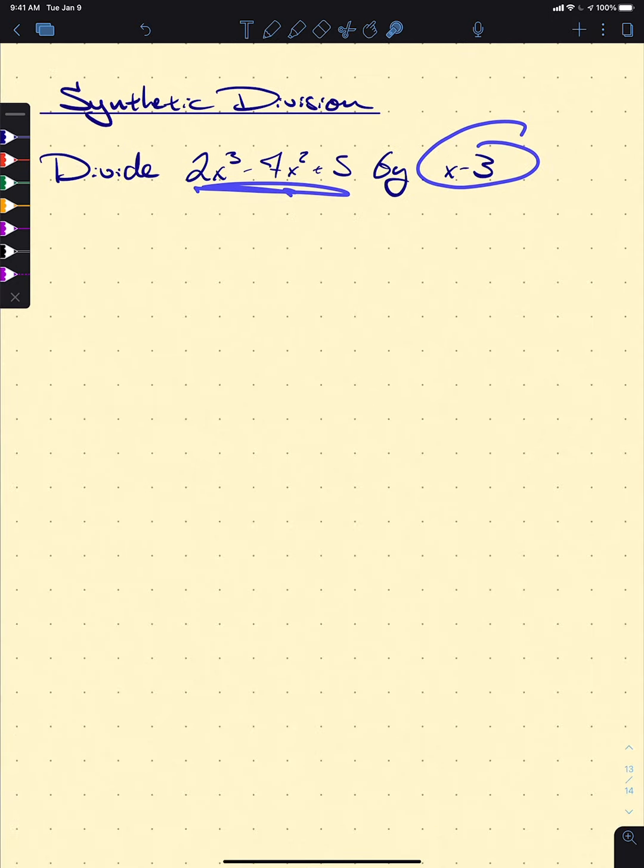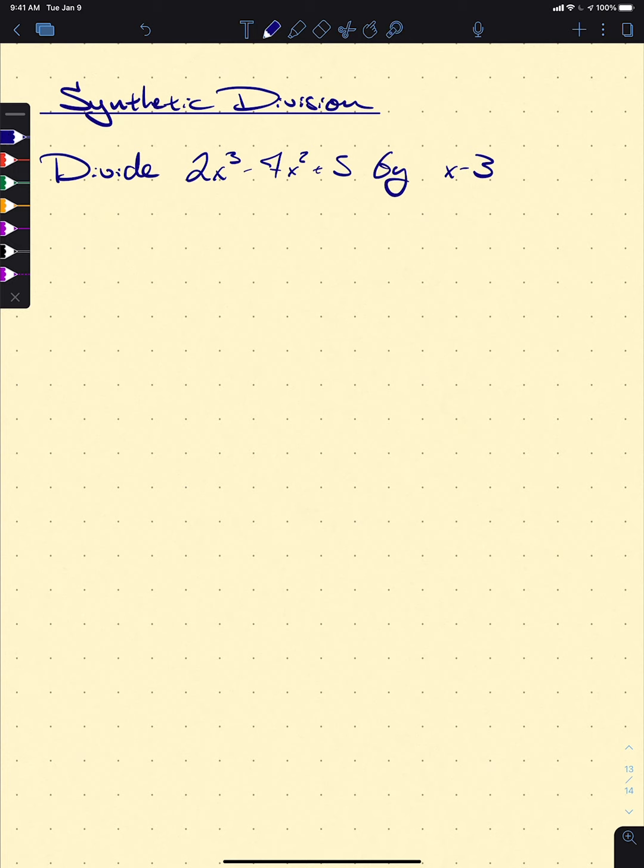Any other situation, it's not going to work, but we actually end up dividing things by linear terms a lot. Okay, actually, more specifically, it only works with linear terms with 1 as my coefficient for x. Now that may seem a little bit restrictive, and it is. There's lots of division that we may want to do that's not this, but it actually turns out that it's very, very useful, right? It comes up all the time.